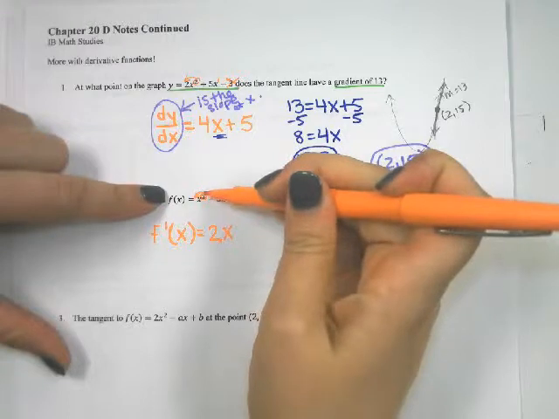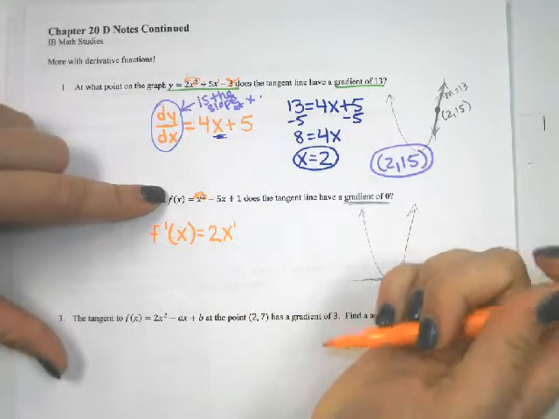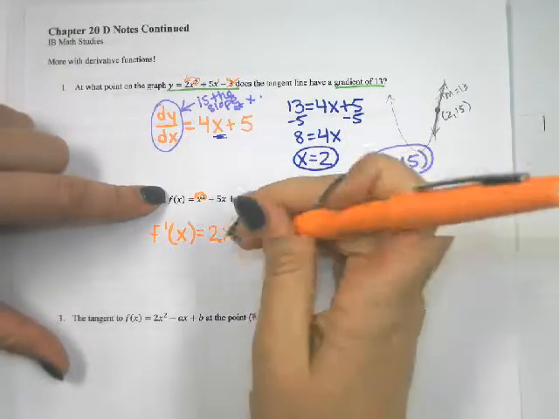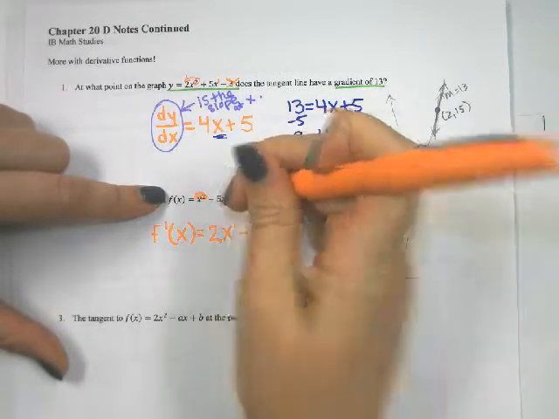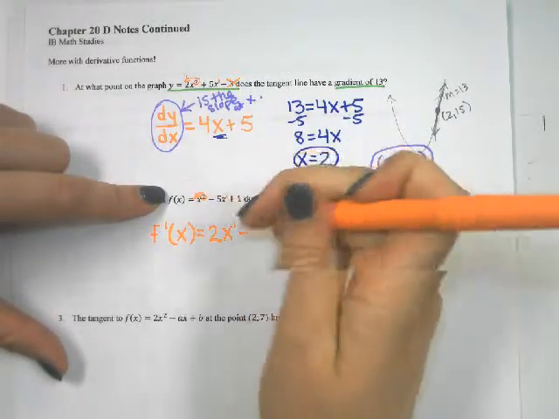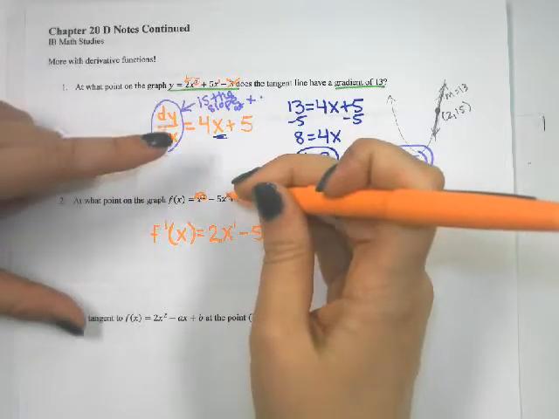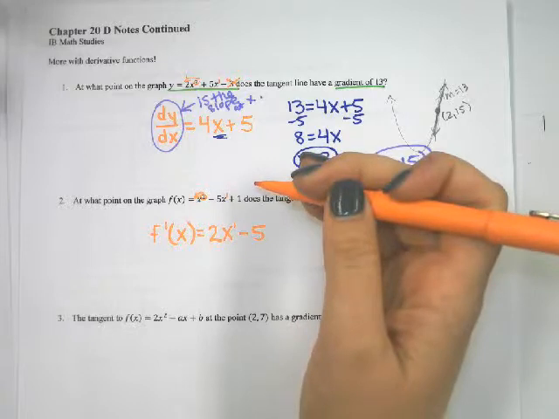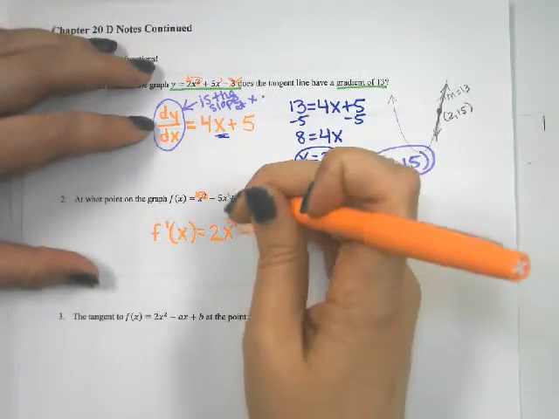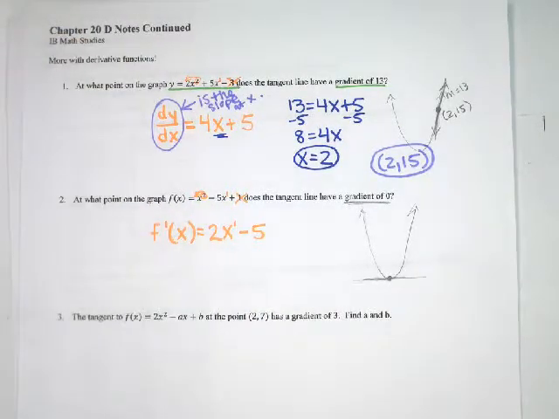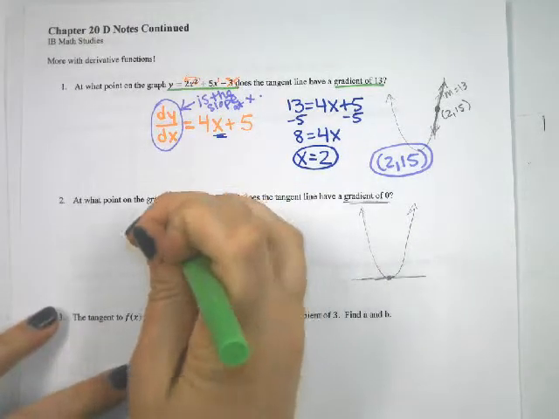Decrease the exponent by 1, so the 2 would become a 1. It's not really needed. We can just write 2x. Minus, we have an exponent of 1 on that x, drop it to the front, so we have negative 5. It would drop down to 0. x to the 0 is just 1, and we can always ignore our constants.